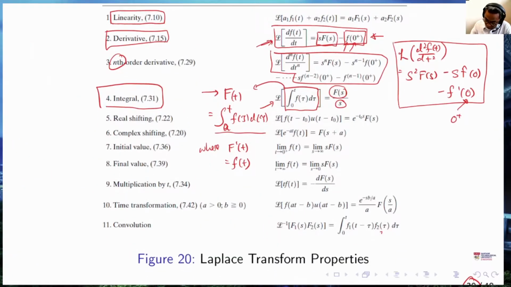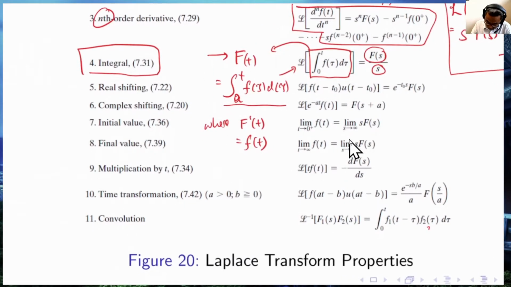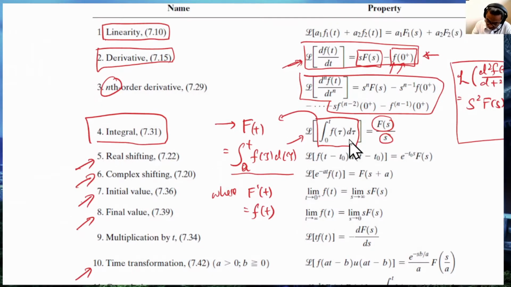Alright, I won't talk about the rest of the table. In this course, we assume that you can copy down this table in your cheat sheet and use it when necessary. Things we will always use are the convolution, the time transformation, the final value and initial value, the complex shifting, the real shifting, integration, and order and linearity.